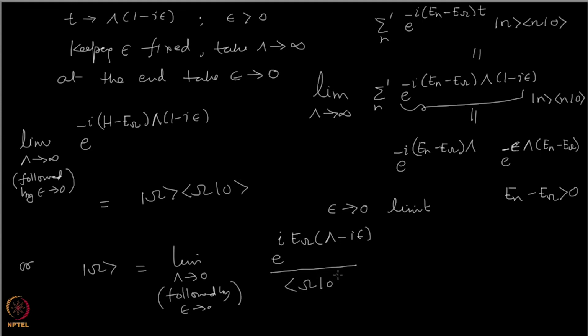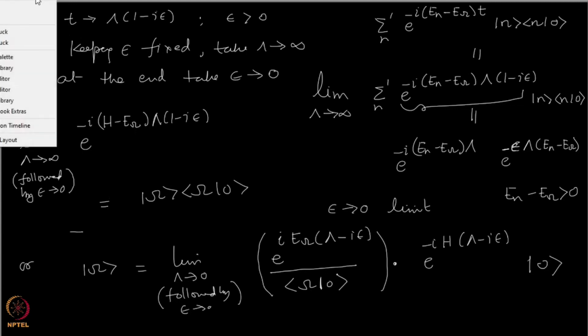I don't need to know its value or its expression. This is times, I still have to take care of H. So you have e to the minus i H lambda (1 minus i epsilon), this acting on the ground state of the free theory.